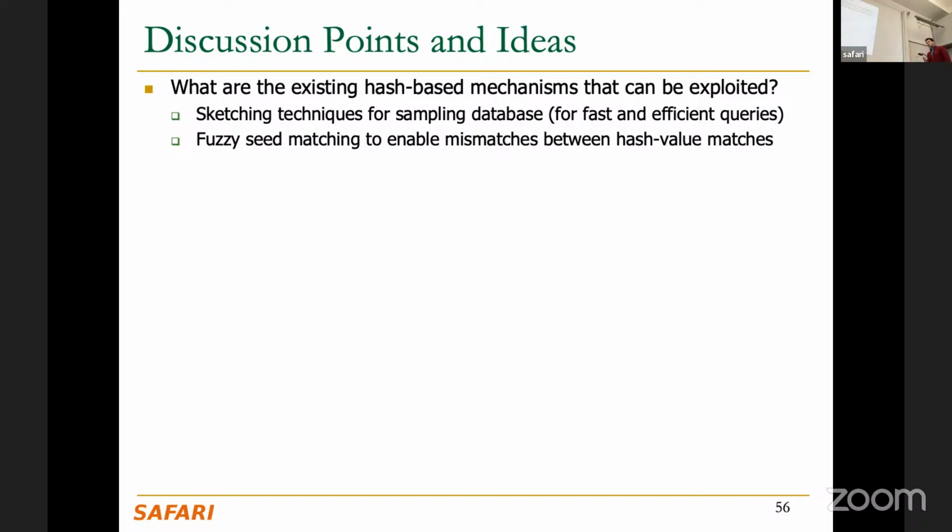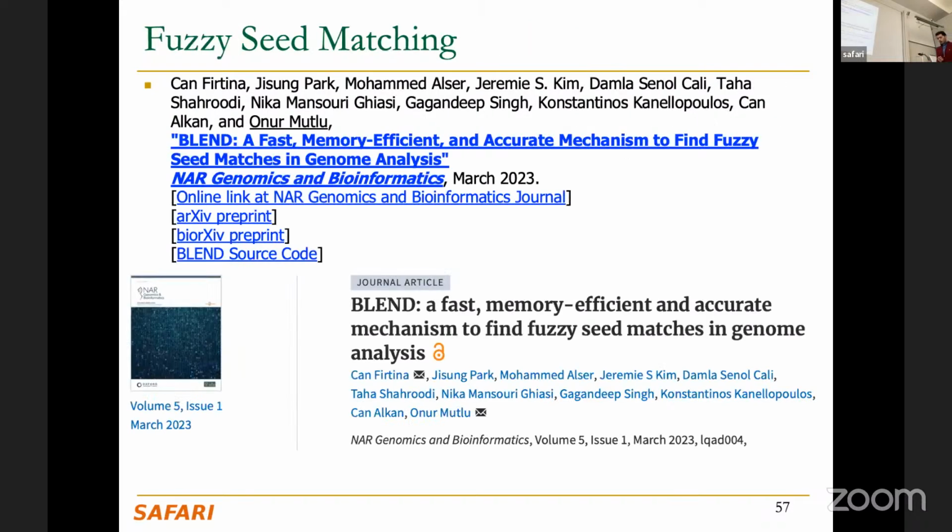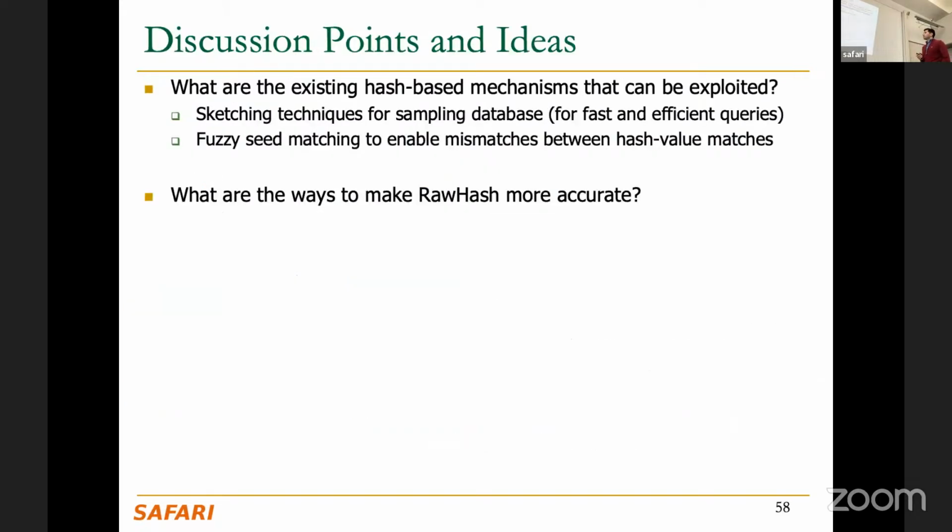But then the question is, can you actually also generate matching hash values although the inputs are different? These authors address this challenge to enable fuzzy seed matching, and this can be used also for raw signal analysis as well. So how can we make RawHash also more accurate, right?